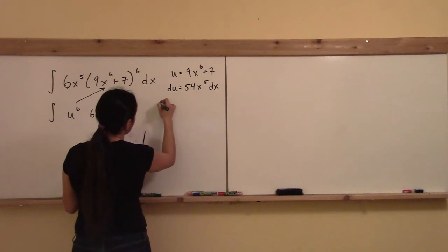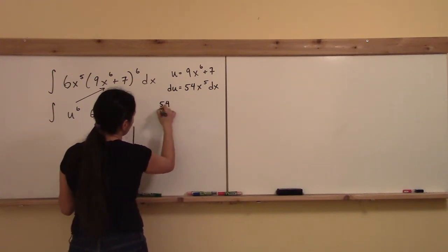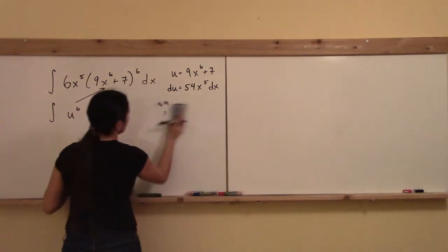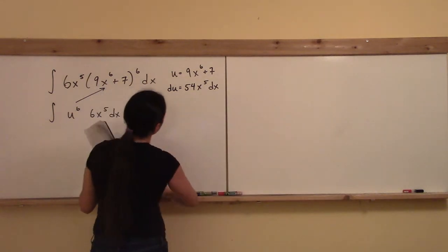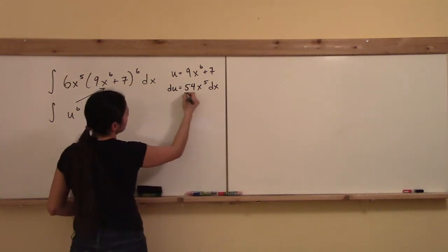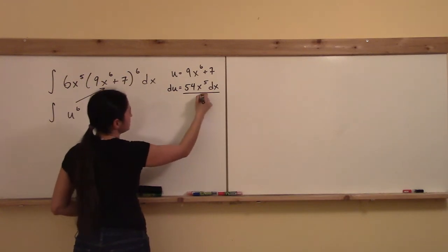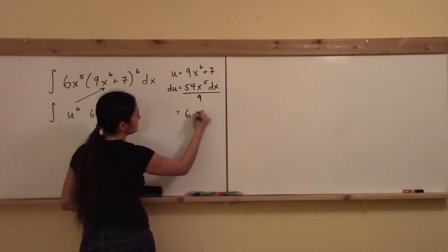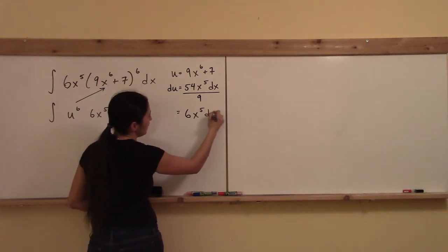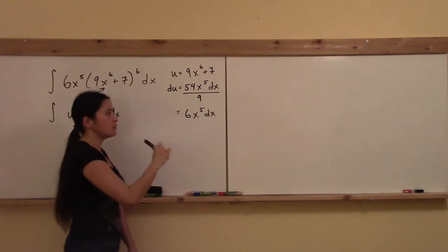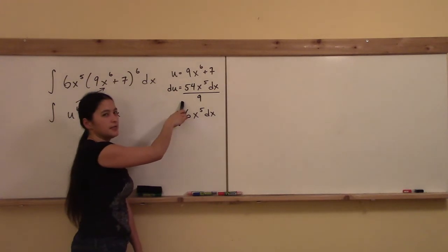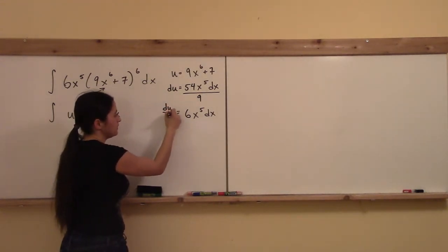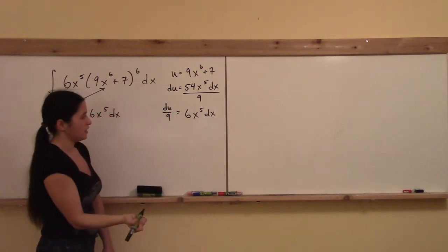So if I take this and I divide it by 9, because 54 divided by 9 is 6, I get 6x⁵ dx. Now if I divide this side by 9, then I should also divide this side by 9. So fair enough, that's equal to du over 9.